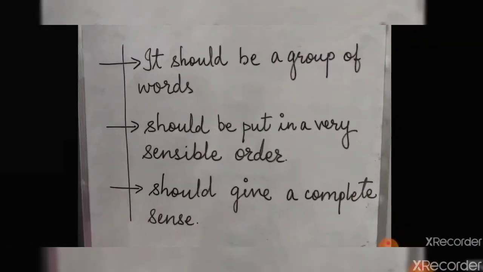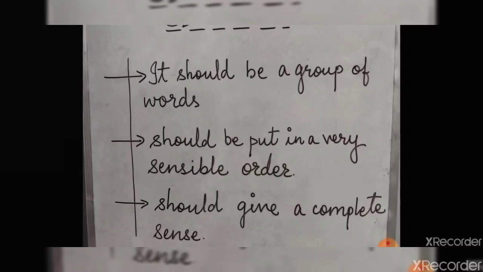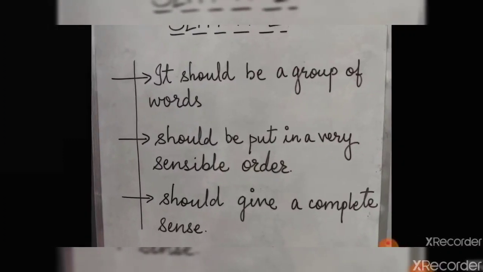So according to me, to make a sentence, there are three criteria. The first one is it should be a group of words, which was given in the definition also. Second, it should be put in a very sensible order. This was not given in the book, but this is the main criterion that has to be fulfilled.